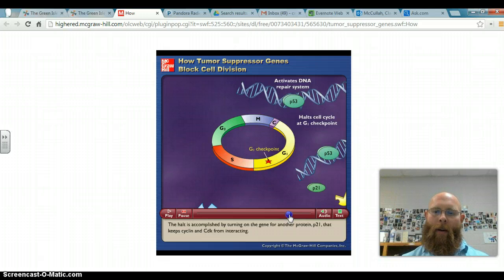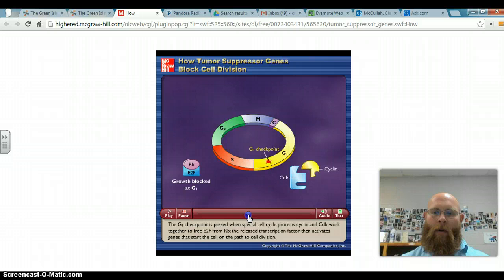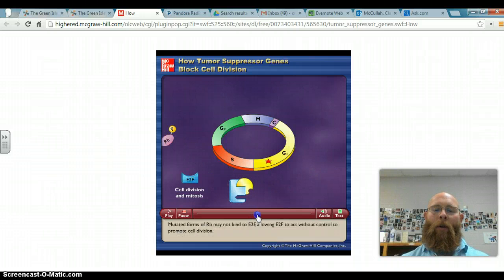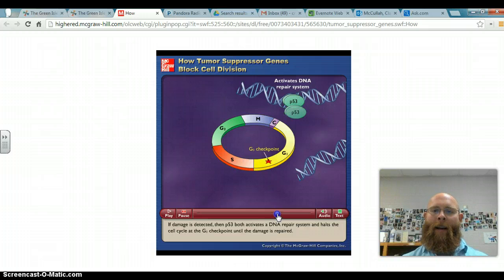It's going to interfere with CDK and cyclin and prevent them from combining. That's important because when they combine, they release E2F.